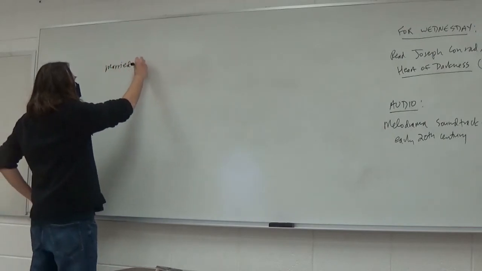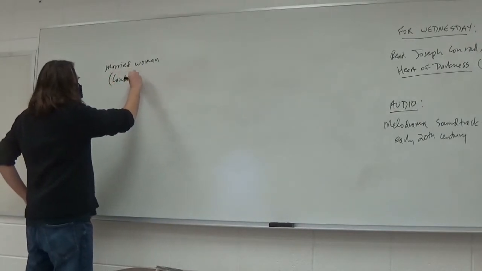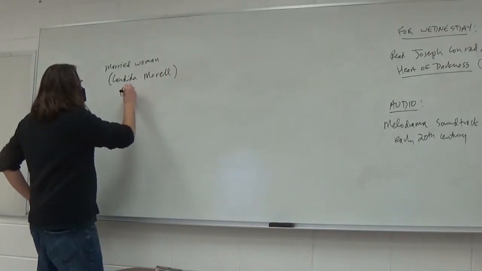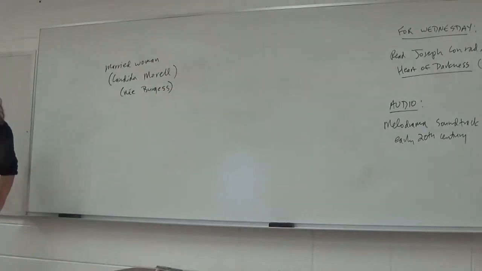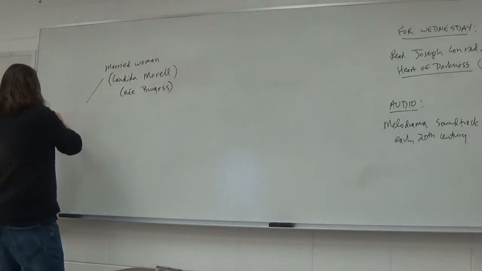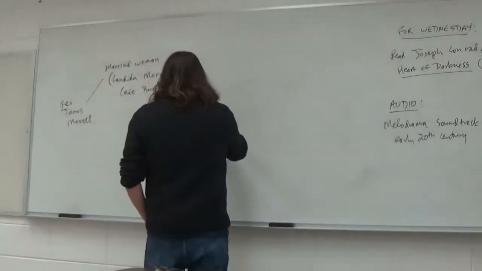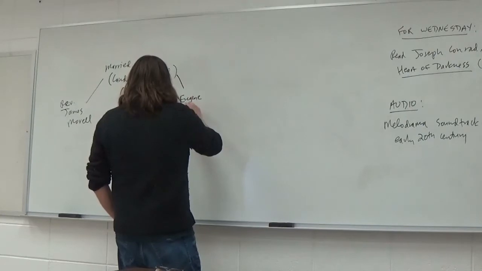We have in the center, right, a married middle-class woman, Candida Morel, maiden name Burgess, and there's this kind of triangular structure here, right? On the one hand her husband, the Reverend James Morel, and on the other, an 18-year-old boy named Eugene Marchbanks.